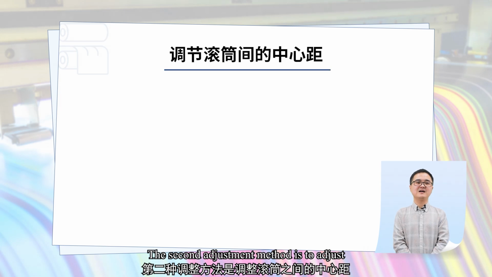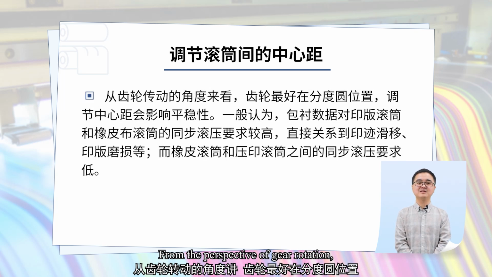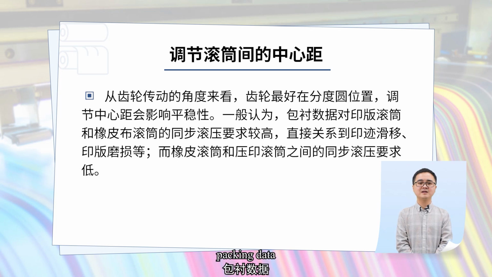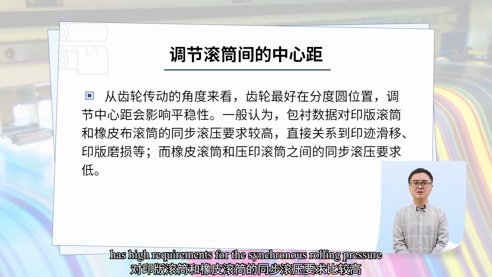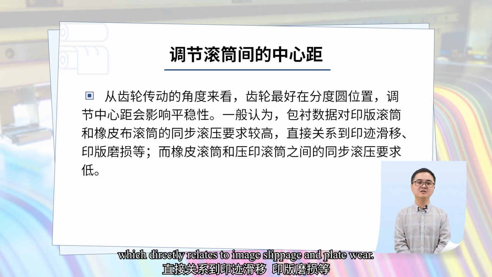The second adjustment method is to adjust the center distance between the cylinders. From the perspective of gear rotation, the gears are best at the pitch circle position, as adjusting the center distance affects stability. Generally, packing data has high requirements for the synchronous rolling pressure between the plate cylinder and the blanket cylinder, which directly relates to image slippage and plate wear.